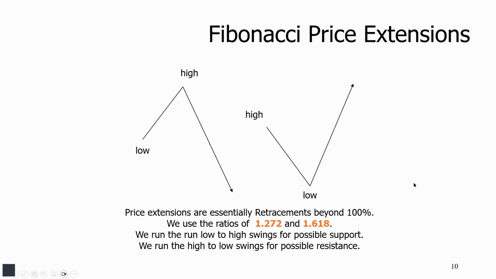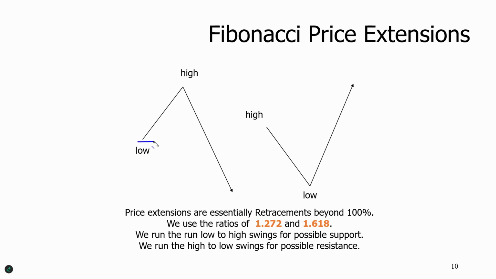All right, so that's the definition of a retracement. As far as the next type of price relationship, I call them Fibonacci price extensions. Now, this can get a little bit confusing because some of the other programs have the three-pointed tool as the extension tool. All I know is if you want to run extensions, you're still using 2 points on the chart.